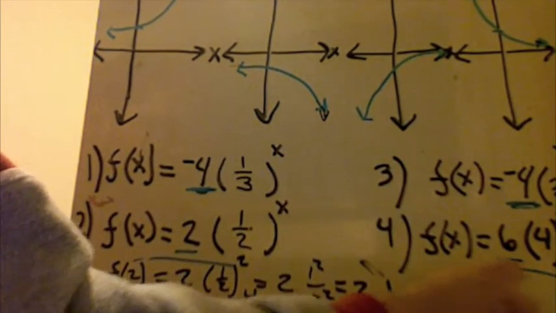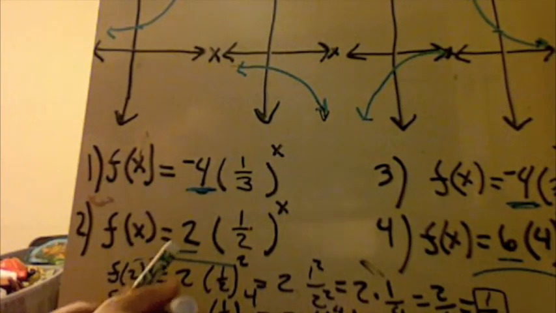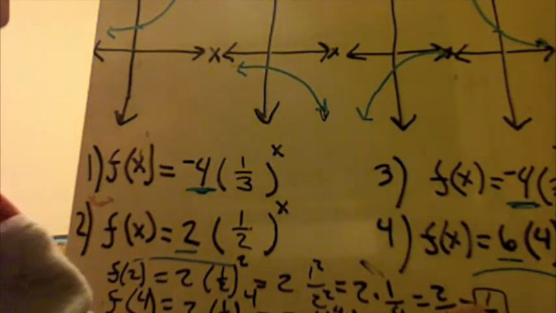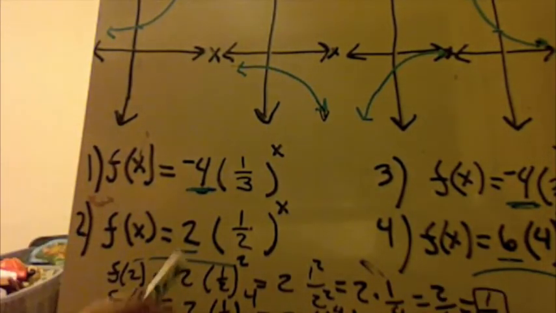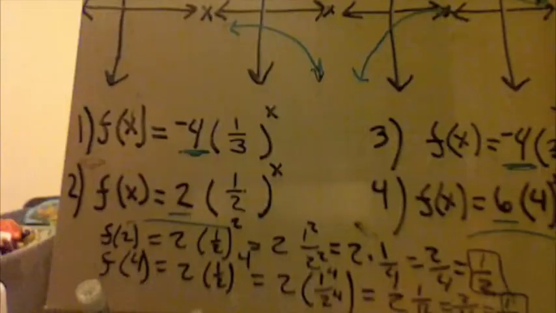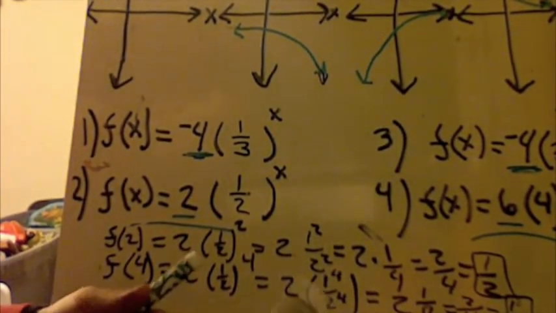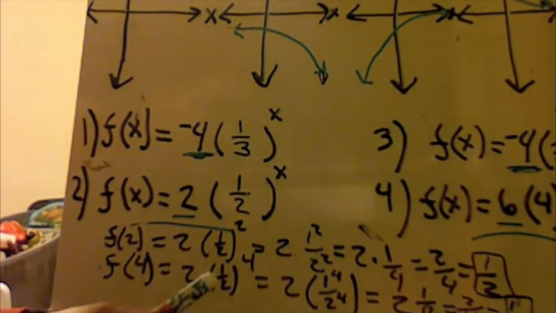Okay. So when x was 2, we did the math out, and we end up with 1/2. So that means we have one data point of x being 2 and y being 1/2. When x is 4, so x is getting larger, I end up with y being 1/4, if you can see that. So in other words, our y value is getting smaller. So as x gets bigger, y gets smaller.